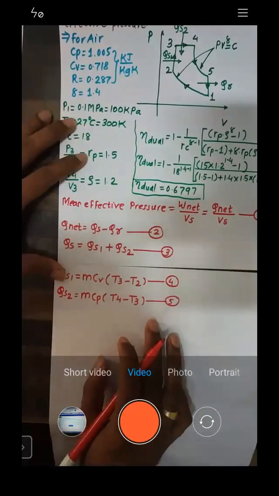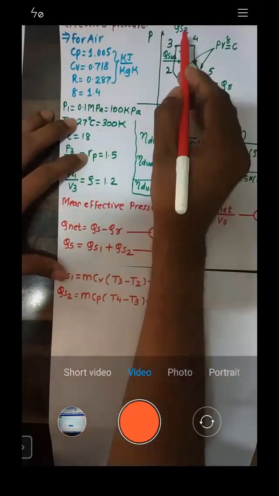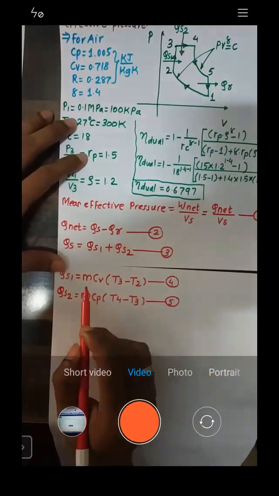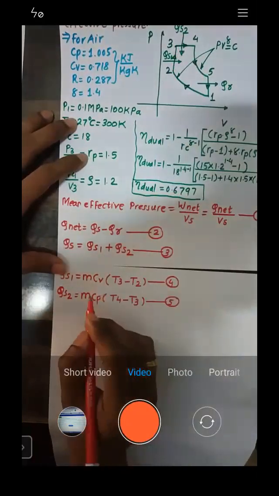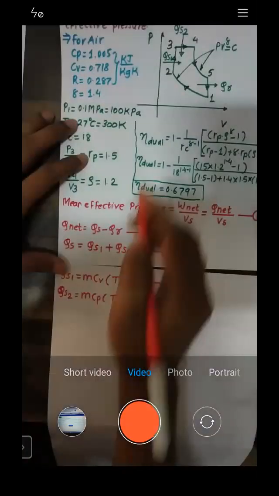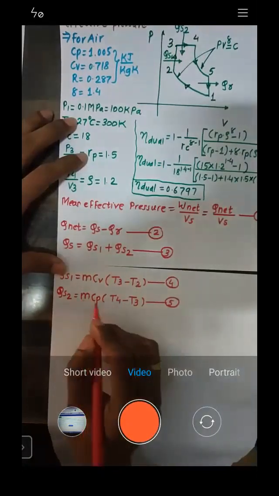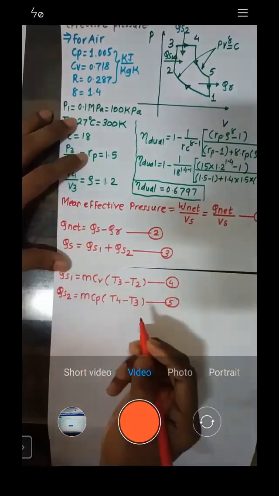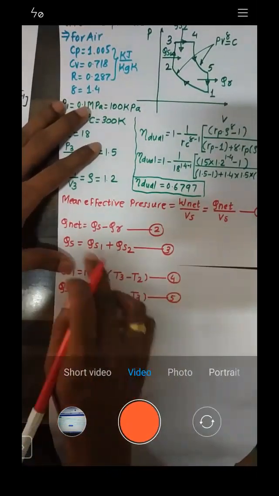Heat supplied during 2 to 3 is MCV, since heat is supplied at constant volume, with final higher temperature minus lower temperature. During 3 to 4 it is MCP, since heat is supplied at constant pressure, final temperature minus initial temperature.